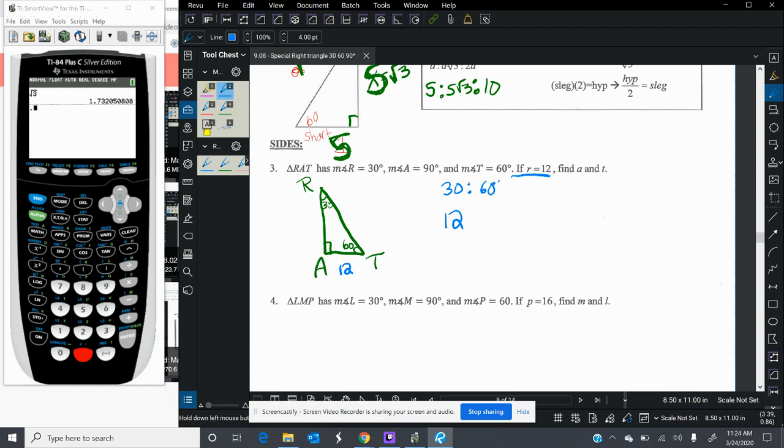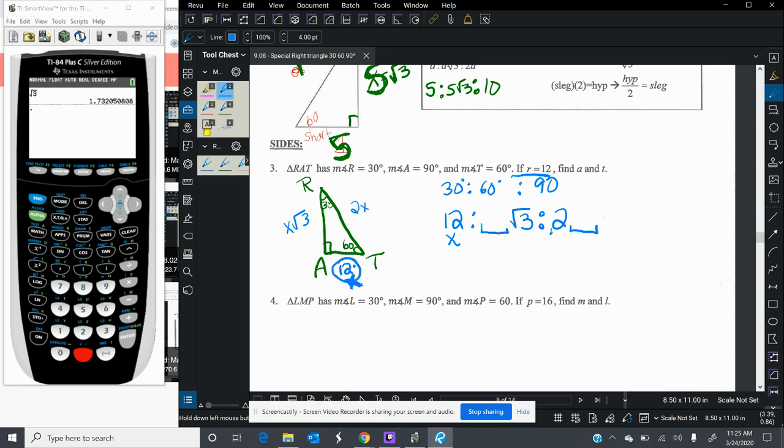Across from the 60-degree angle is going to be something times the square root of 3. Across from the 90-degree angle is 2 times x. So the x measurement, I'm replacing our little r with a variable x here. We have x, across from 60 is x square roots of 3, and across from 90 is 2x.